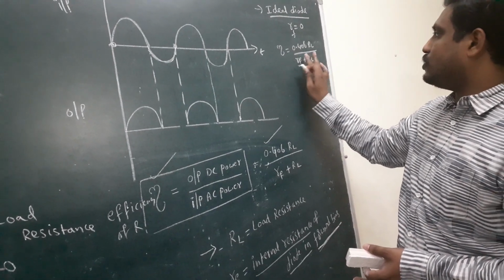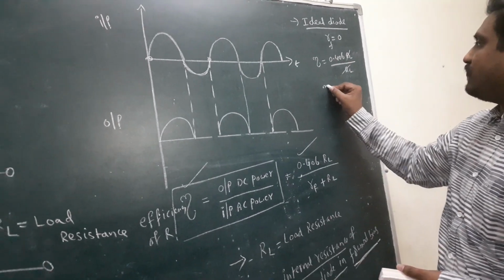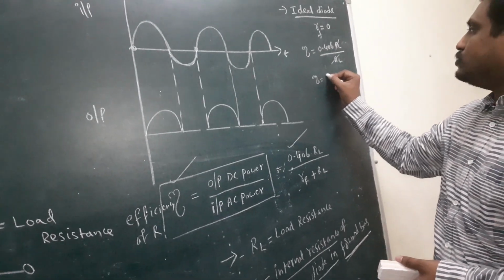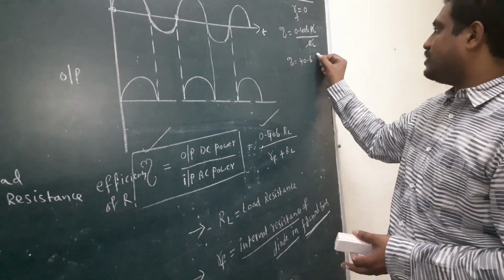Here RF is 0, so RL cancels. Efficiency equals 0.406.